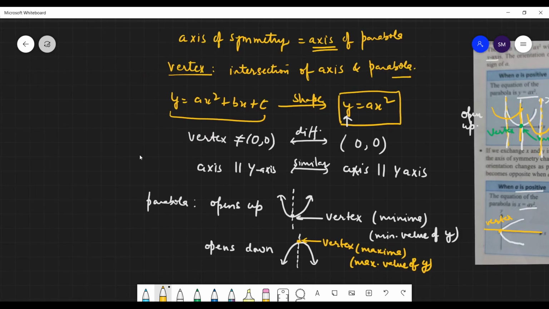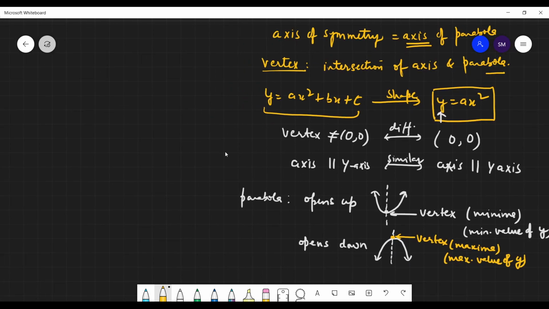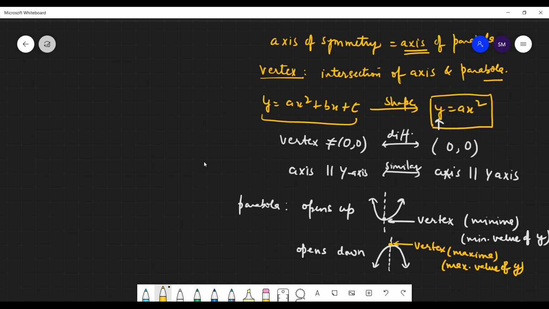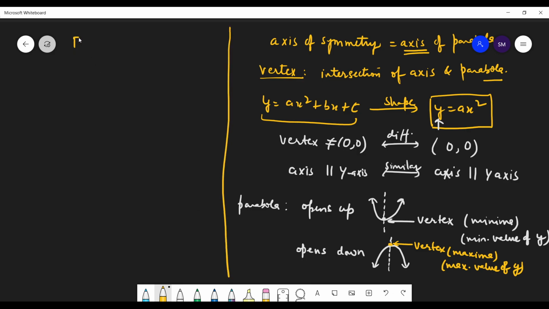Now let us see how to find the vertex of a parabola.